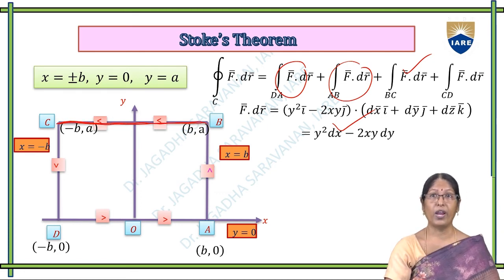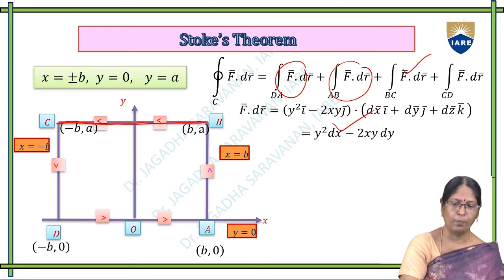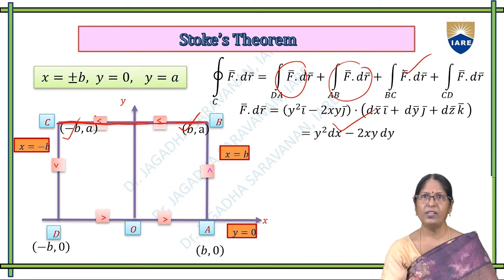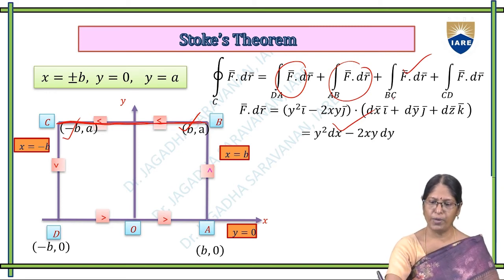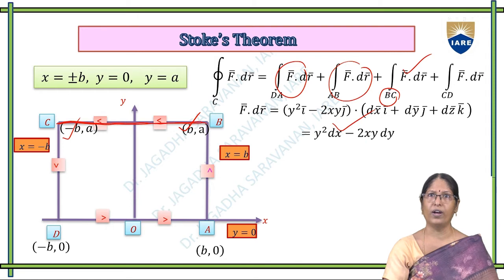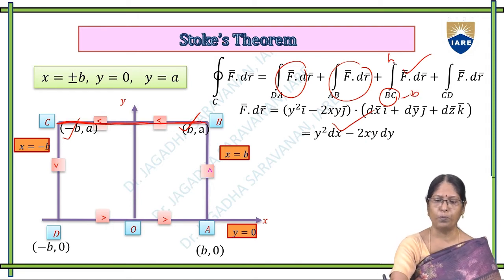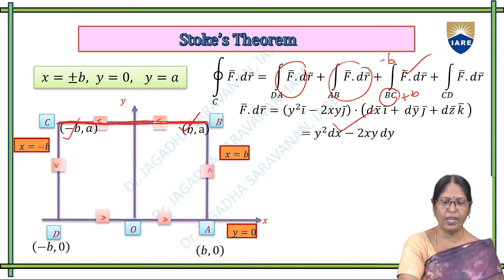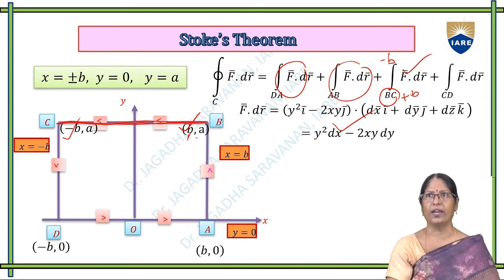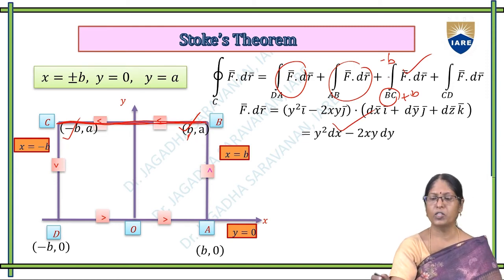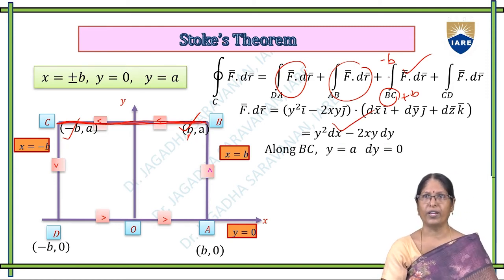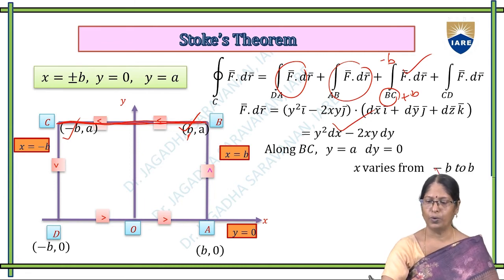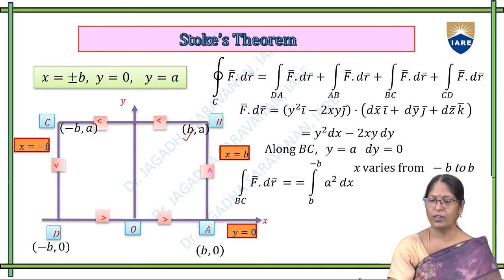So x varies from b to minus b. Sorry, from b to minus b, the integral over BC. Here B is there, B is there, so we can see it here clearly.